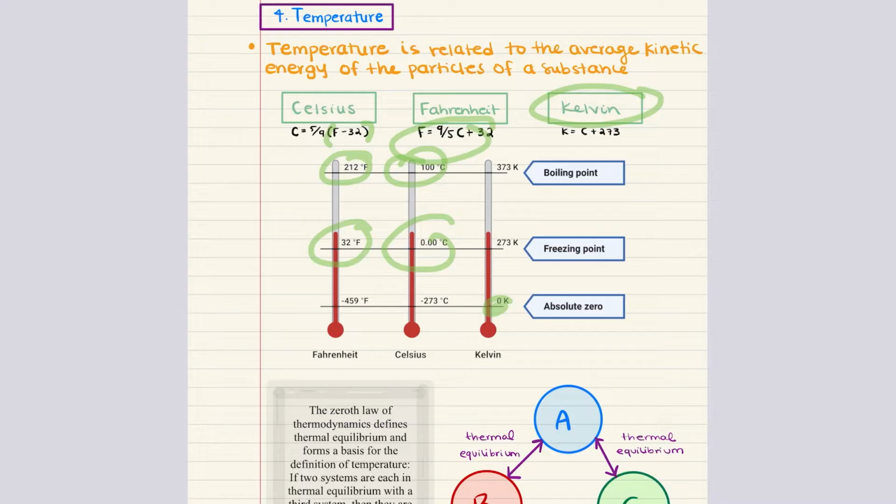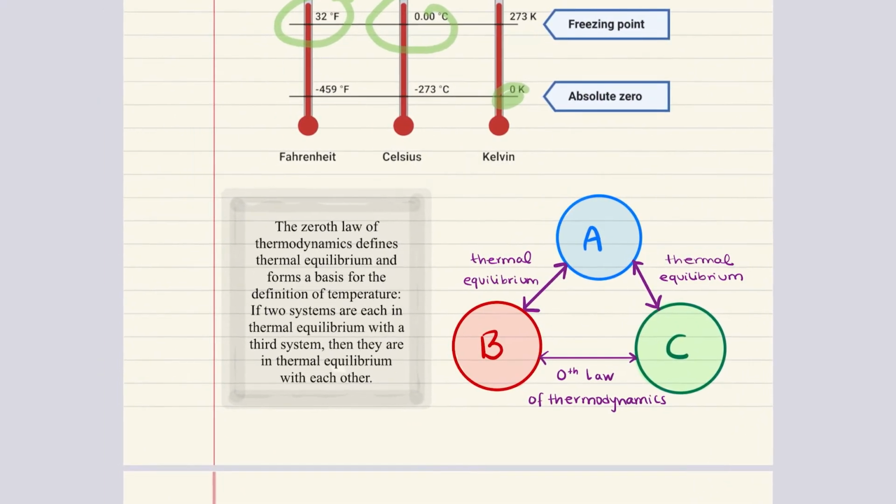Absolute 0 is equivalent to minus 273.15 degrees Celsius. Temperatures in Kelvin can be converted to Celsius using this formula: you would take your Celsius degrees and add 273.15 to it.